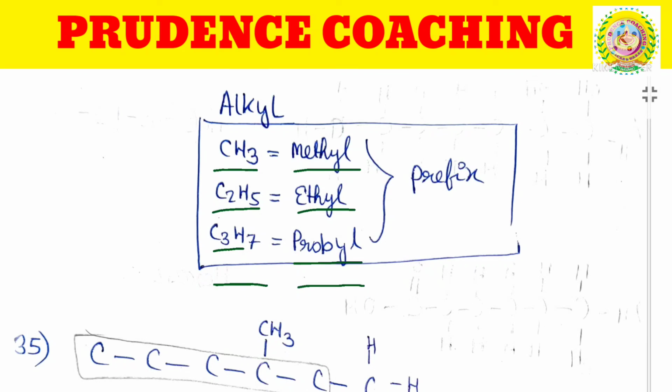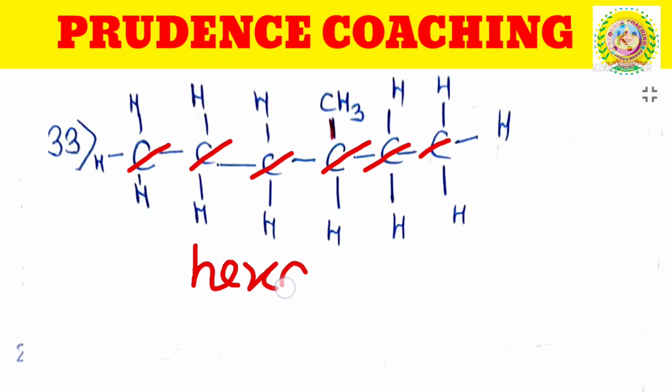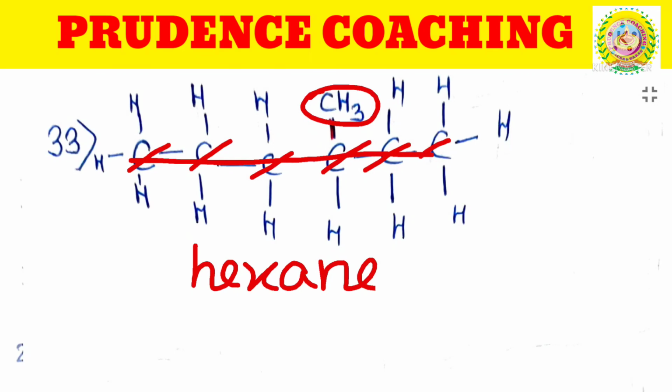So let us now write the name of this compound. Now here you can see 1, 2, 3, 4, 5, 6 as we have discussed. So here you will get hex and single covalent bond, so ANE, hexane. Now as you can see, we have here methyl as we have discussed. So let us find out the position of methyl in this longest chain.